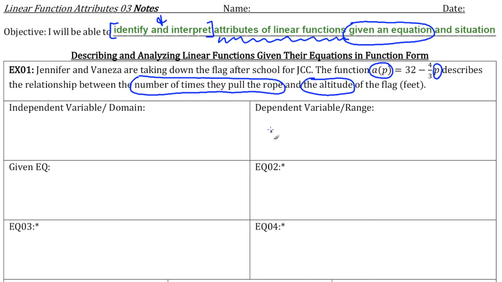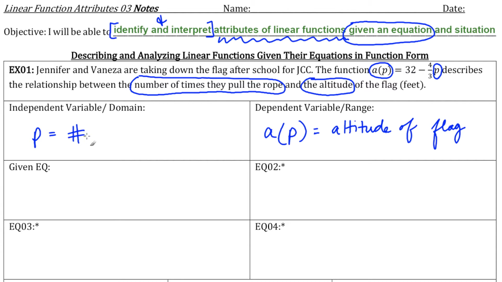So instead of just writing a, we are going to write A of p because altitude is a function of the number of pulls. So the altitude of the flag, and that will be dependent on the number of pulls. So P for number of pulls.